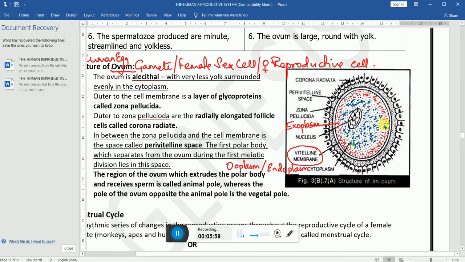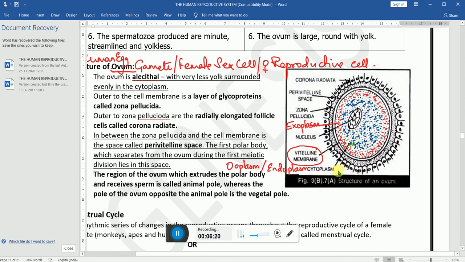Now it has two distinctive regions, students. What are these two distinctive regions? Peripherally, the cytoplasm that we normally see is made up of a yolk, which we call the formative yolk.